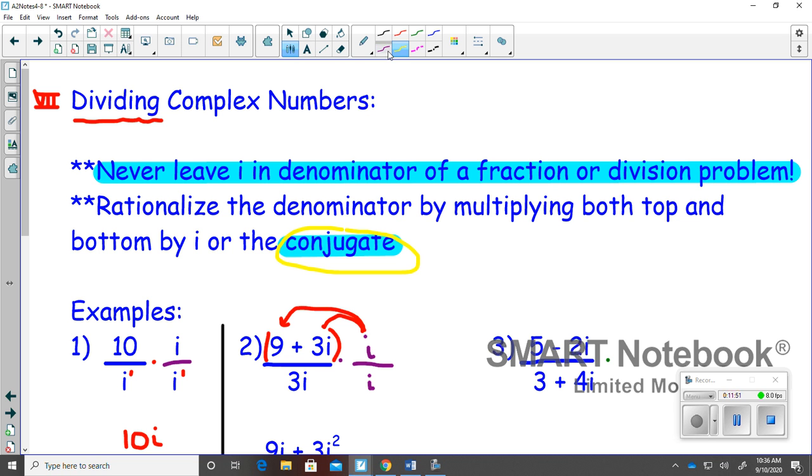So for example, if in your problem you have 5 plus i, and I ask you to multiply that by the conjugate, the conjugate of 5 plus i would be the same numbers, 5 and i, but instead of a positive, you would write the opposite sign. So basically, all you're doing in a conjugate is you're changing the middle sign.